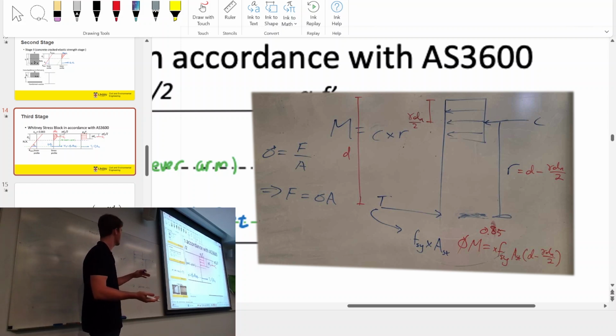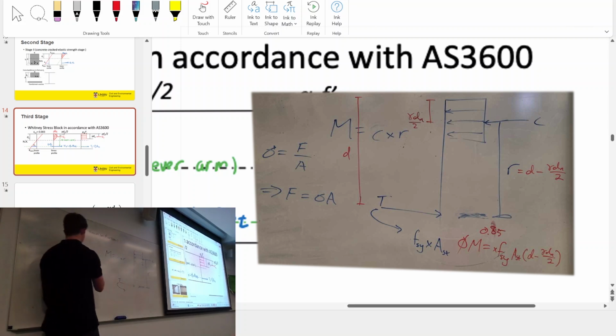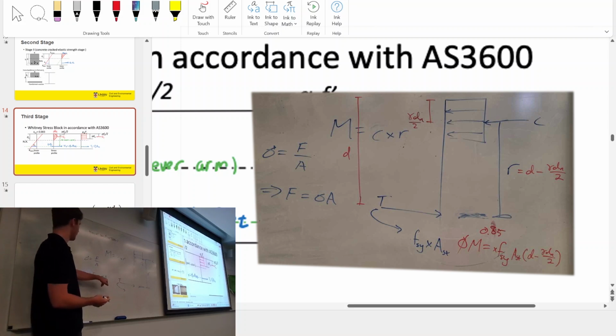That's all it is. So the force in this steel, right? If you guys remember, stress is equal to force over area, and so then force is equal to stress times area. So if I'm looking at this steel and I want to get the force, it's just going to be the stress times the area.